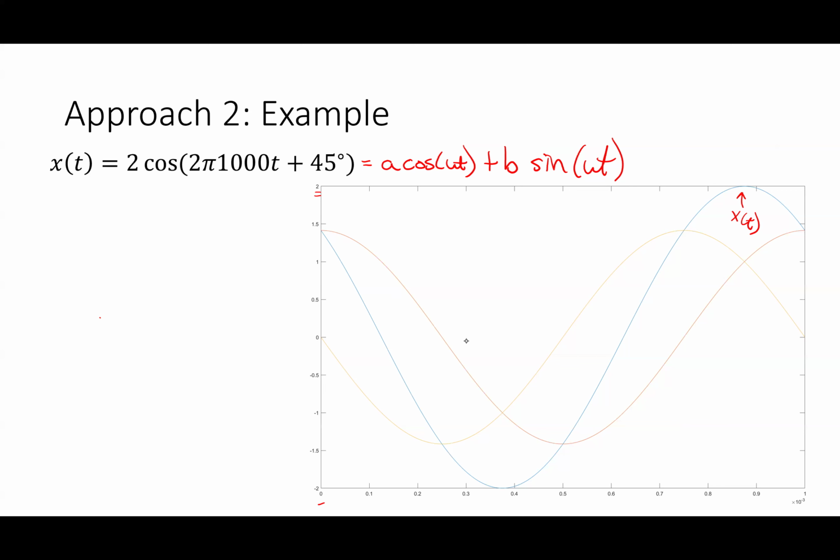According to the previous slide, I said A equals the amplitude times the cosine of phi. Let's check this. What's the amplitude of x of t? x of t is 2 cosine(2 pi 1000 t plus 45 degrees). What's the amplitude of that?